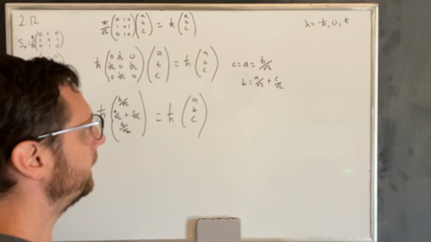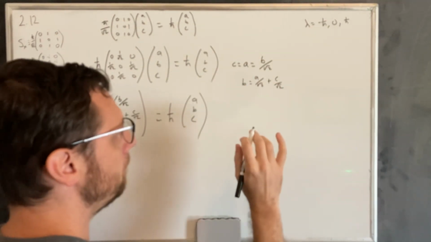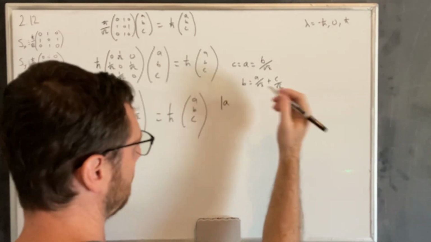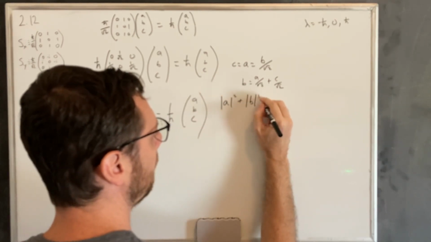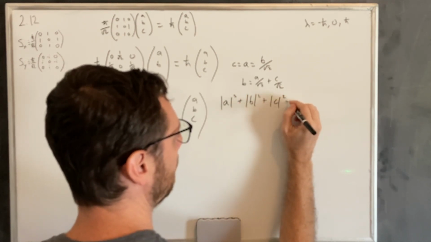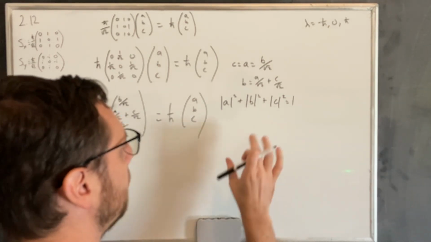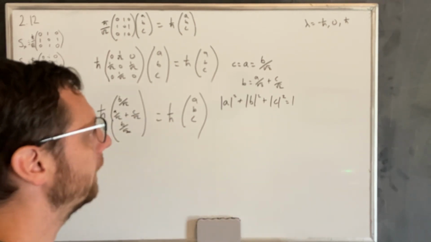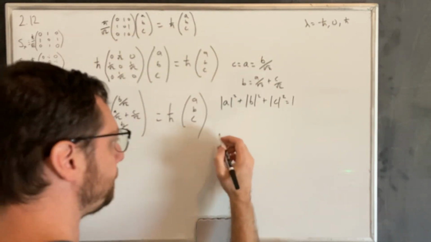There are several values that would make this true, but fewer values that would make the normalization equation true. Remember, a squared plus b squared plus c squared will equal 1 if this is a normalized vector. So we're going to condense this down to one variable. We can use b, because a is in terms of b.